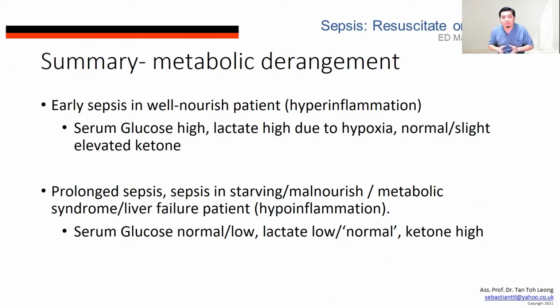However, in prolonged sepsis, or sepsis in a starving, malnourished patient, or one with metabolic syndrome or liver failure, the glucose level in the serum will appear normal or low, and the lactate will be low or near normal in the bloodstream because, as I told you, there is no pyruvate to convert into lactate in the hypoxic condition, and the ketone will be high. We couldn't measure the cellular glucose level, because we don't have any machine to measure that.